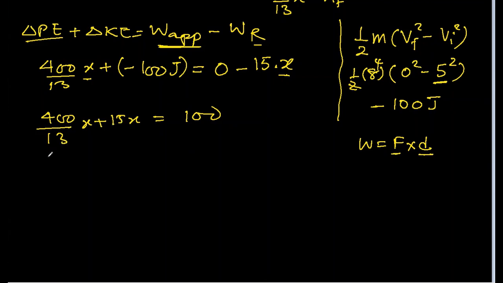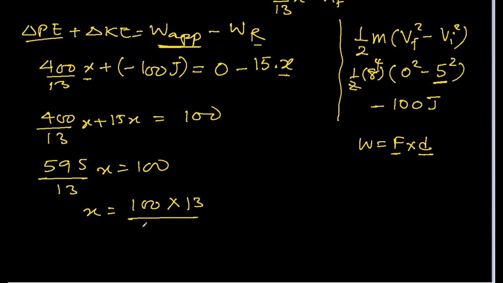Let's add them: 595 over 13x equal to 100. x equal to 100 multiplied by 13 divided by 595, which will be 2.184 meters. So we will use just three significant figures, 2.18 meters.